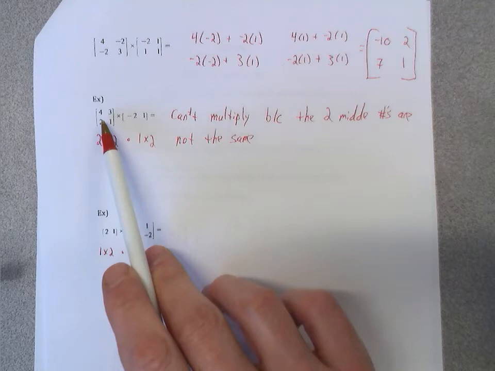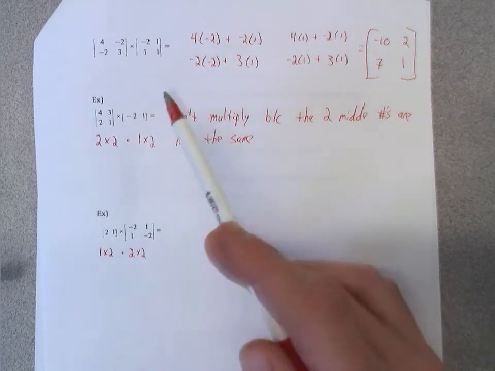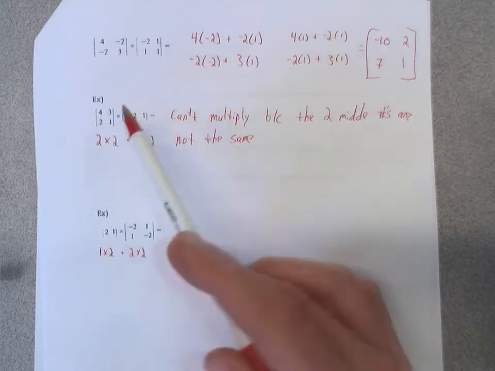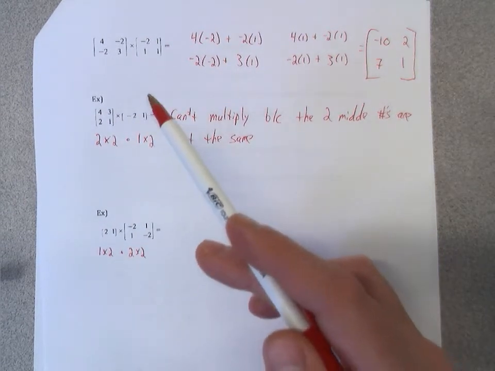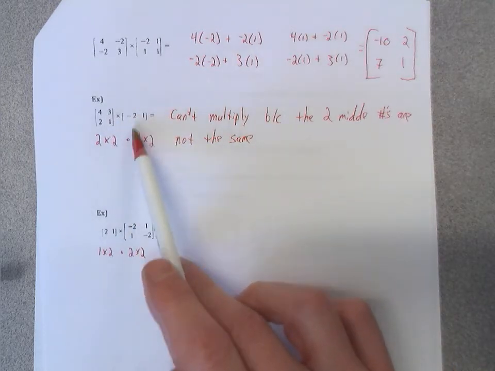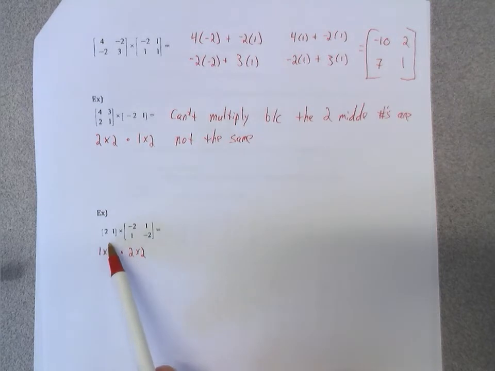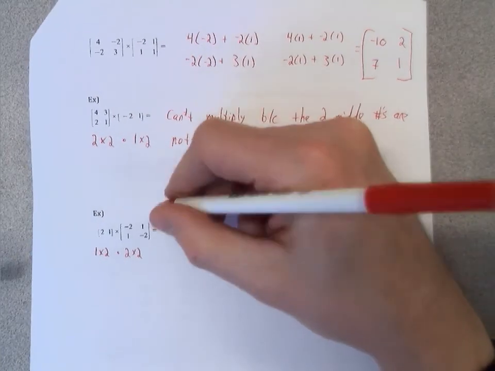This one didn't work up here because we had two rows, but we didn't have any columns. We just had another row. So we can't take rows and multiply them by rows. We can only take rows and multiply them by columns.